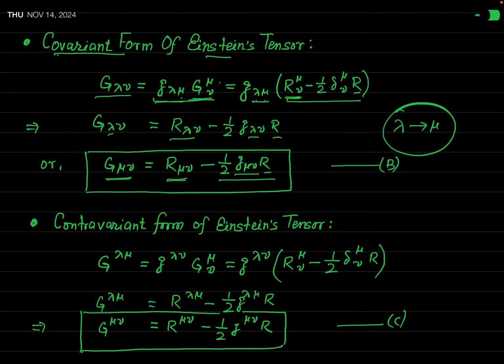In a similar manner you can also obtain the contravariant form of the Einstein tensor. For this, let us start to define this tensor g lambda mu. You can see this is just a second order contravariant tensor.